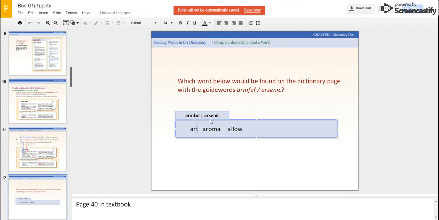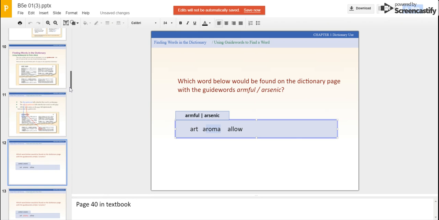Art is going to come after ARS because T comes after S. So that means only aroma could fit, because ARO, O comes between M and S in the English alphabet, right? M, N, O, P, Q, R, S. So aroma is the word that's going to be found on this page.